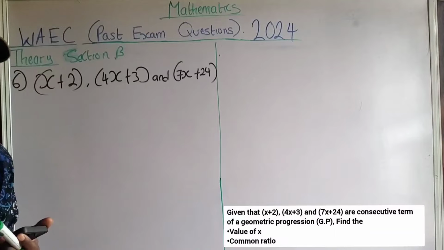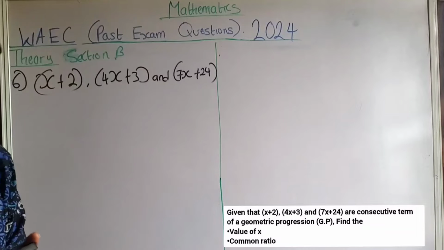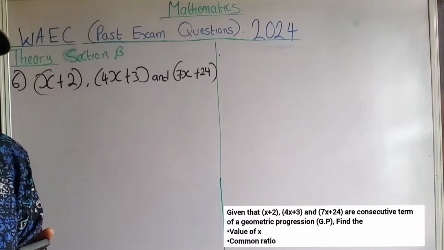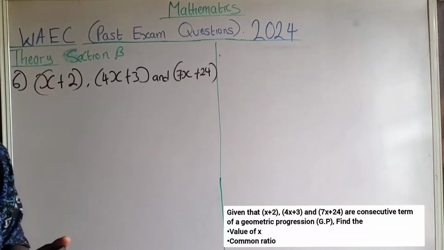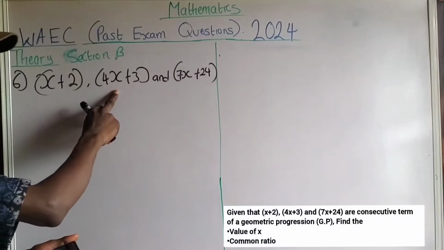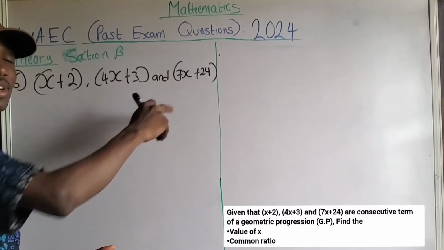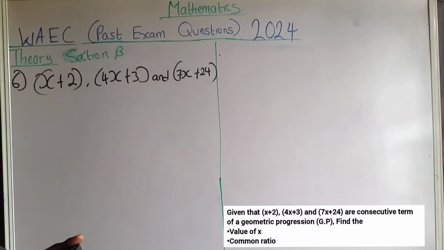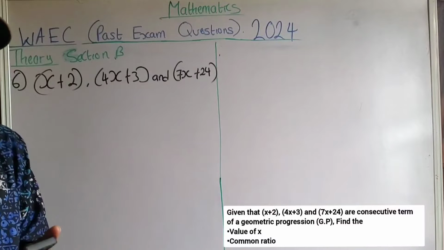Now, pay attention to the word consecutive. Because they are consecutive, they follow each other. Let's assume that this is the first term. That means this will be the second term, and this will be the third term. So when you hear the word consecutive, they follow each other.